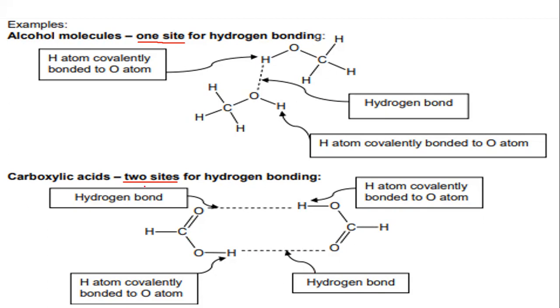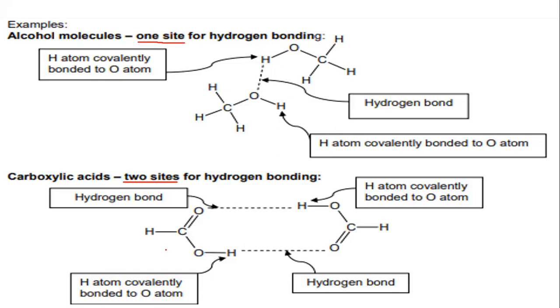And the main reason is because carboxylic acids have two sides for hydrogen bonding and alcohols have one side for hydrogen bonding. So you need to know that when you are required to explain why the boiling point or the vapor pressure or the melting point of alcohols differs with those of carboxylic acids.